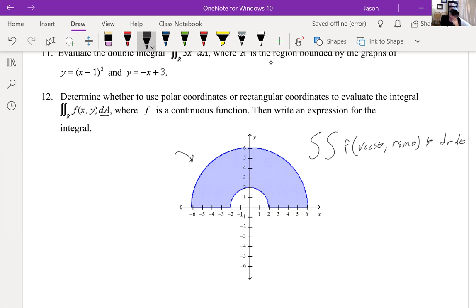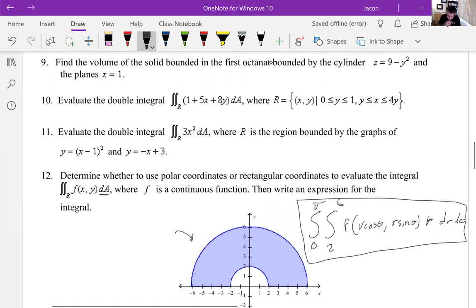This is going to be r going from 2 to 6, and then theta is going to go from 0 to pi. And that's it. That's number 12. You can't go any further because they don't give you what the function is on this one.